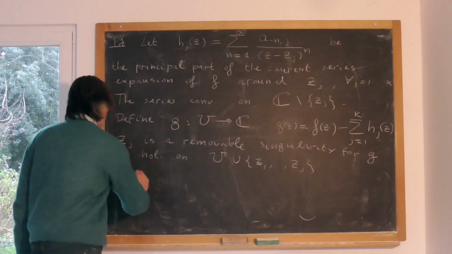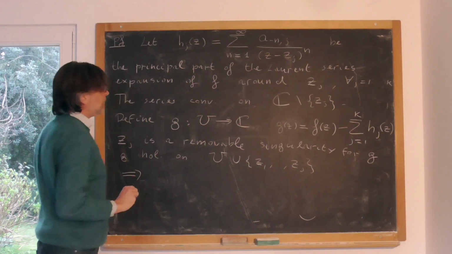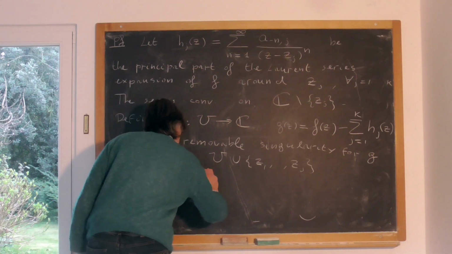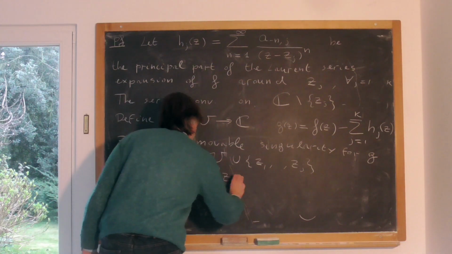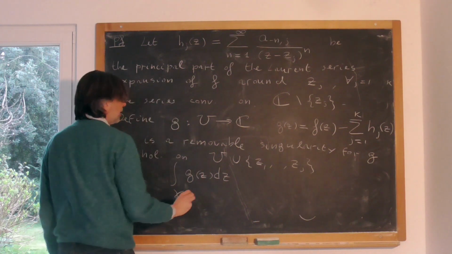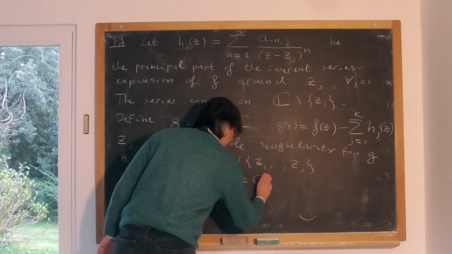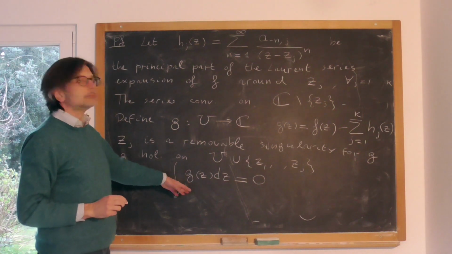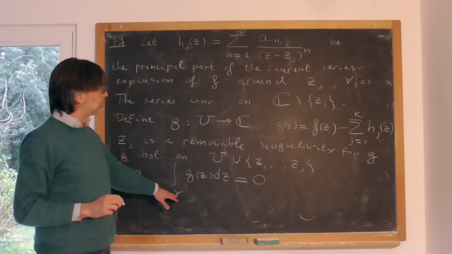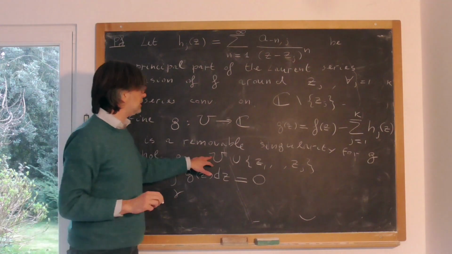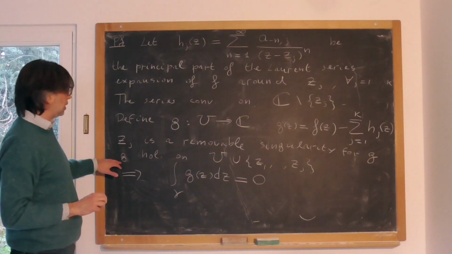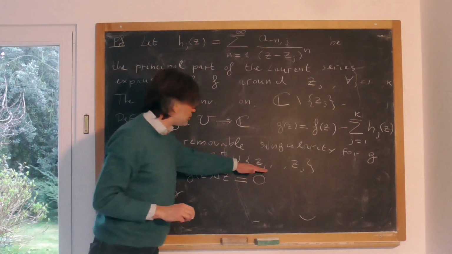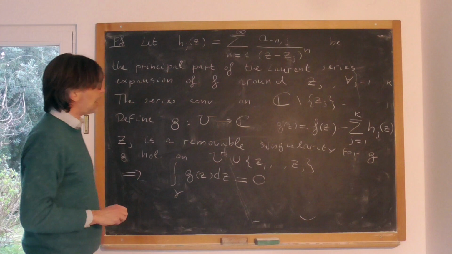And therefore, when we integrate G over the contour gamma, we obtain 0, right? Because now the interior of the contour is completely contained in the domain of the holomorphic function G, since the domain of G contains also the singularities.